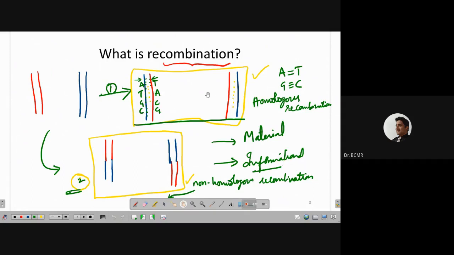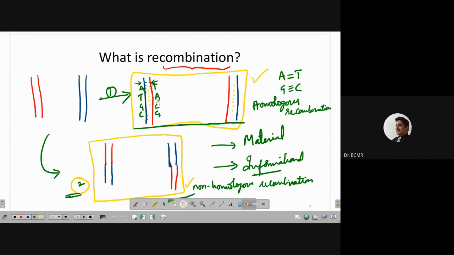And if there are strands exchanged in the recombination, that means it is dependent on homology. Some degree of similarity or complementarity is required between the participating DNA molecules. In that sense, those will be called homologous recombination.